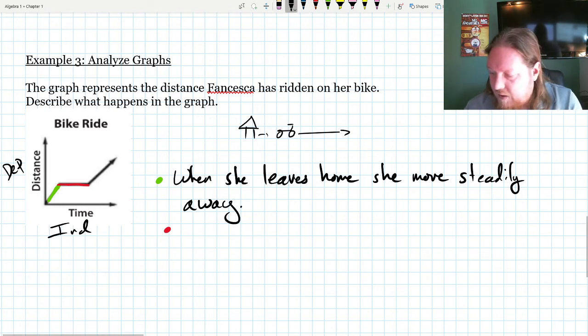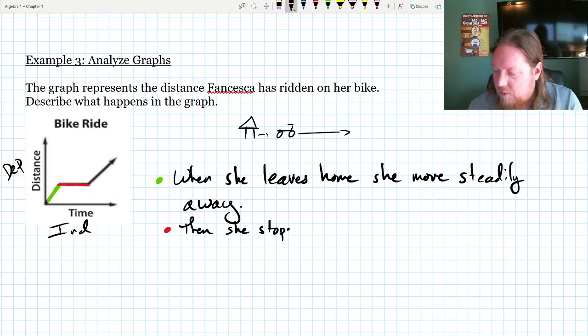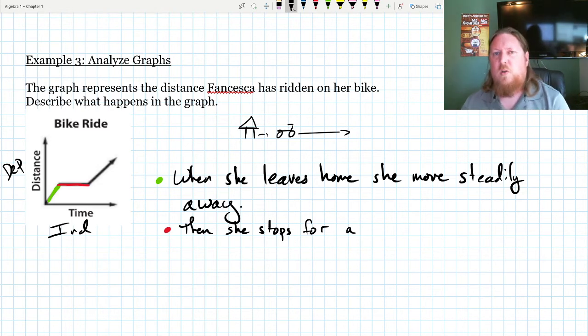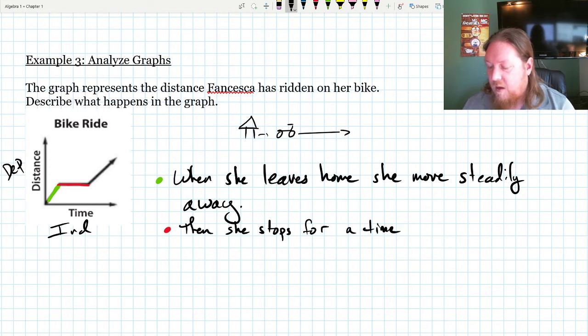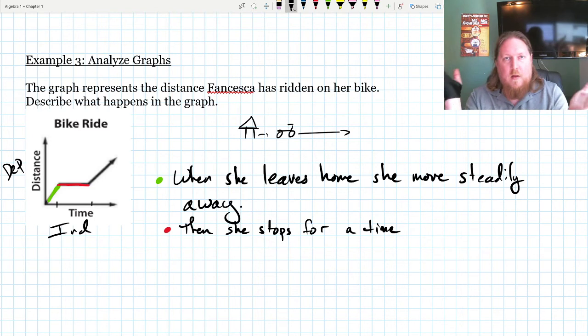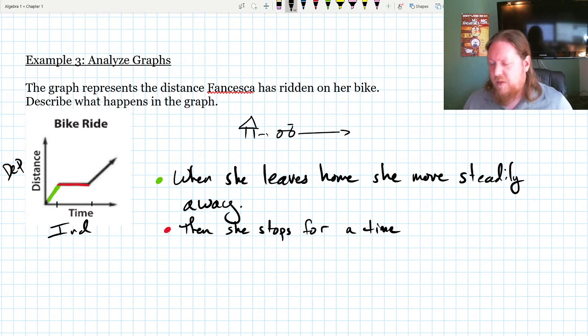So what's happening there is she stops for, you can use whatever kind of adjective you want here, I'm just going to write for a time. Because is this 2 minutes? Is it 30 seconds? Is it an hour? I don't know how much time is actually happening here because they give me no numbers. But there's some amount of time that she is stopping.